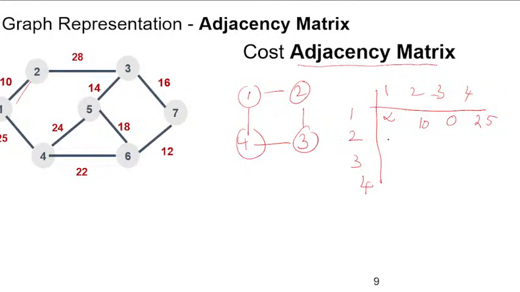From 2 to 1, 10. 2 to 2, infinity. 2 to 3, 28. 2 to 4, no, so 0. 3 to 1, 0. 3 to 2, 28. 3 to 3, infinity.